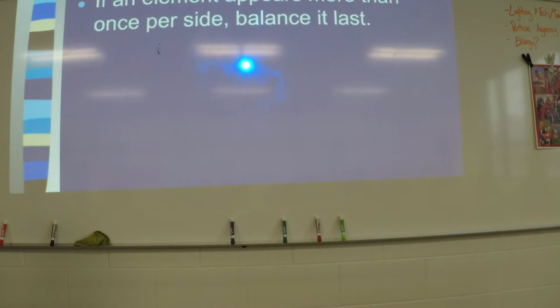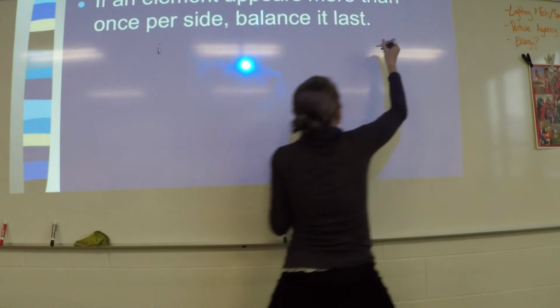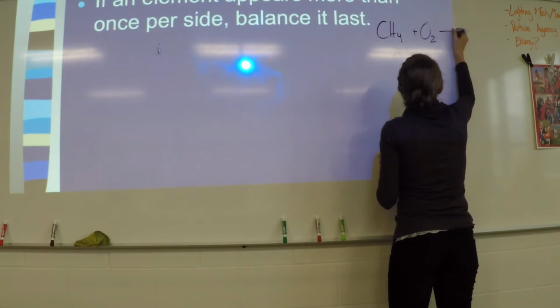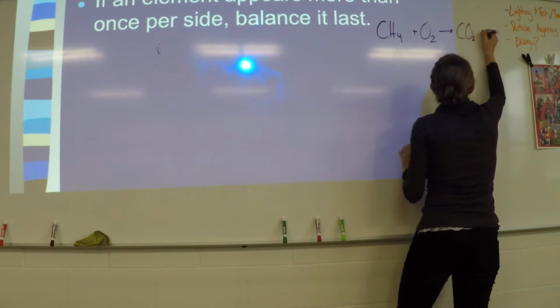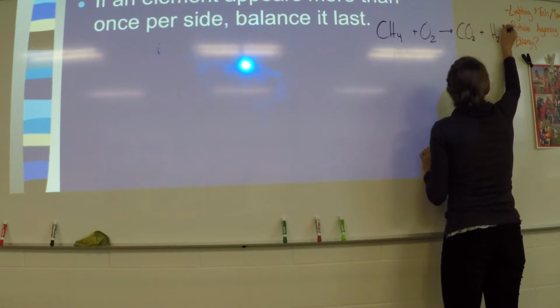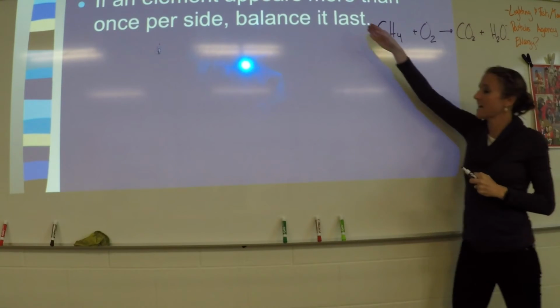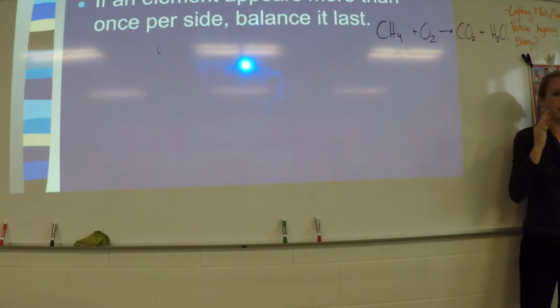If an element appears more than once per side, I recommend that you balance it last. I gave you an equation on there as an example. I think it's this one. So if you had this equation, no, it's H2O, and you were trying to balance it, which element, based off what this says, would you wait to balance till the end?